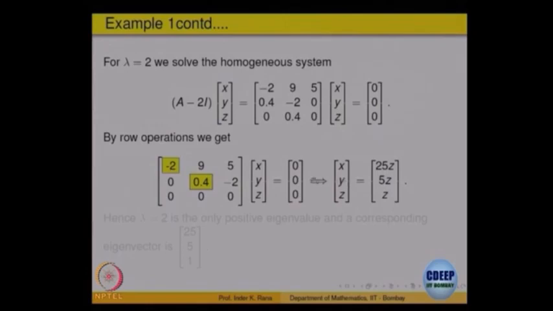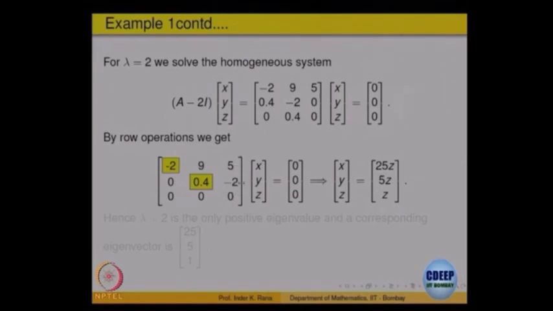So, if this is equal to c, what do you get? You solve for x, y, z. This decimal you can remove. So, you get 25z; z is arbitrary. There is one row which is 0, since the rank is less. So, which variable gets an arbitrary value? The third one, z.